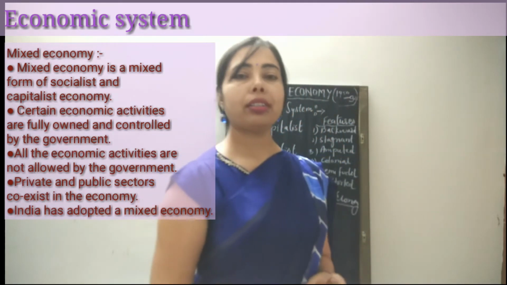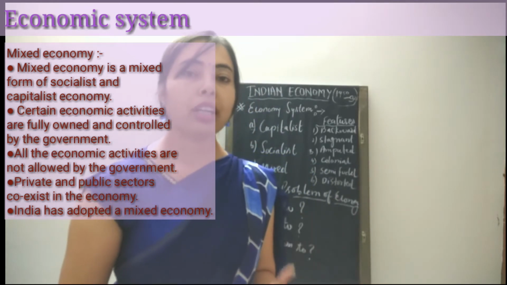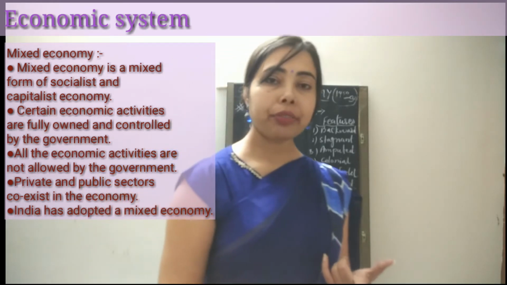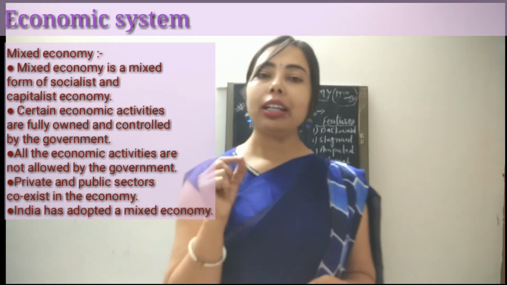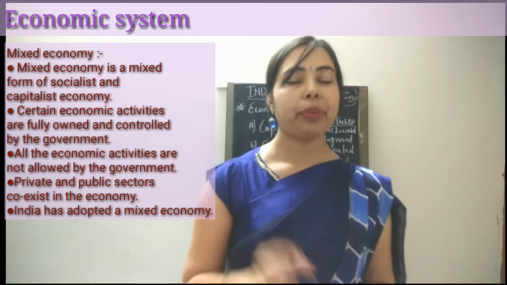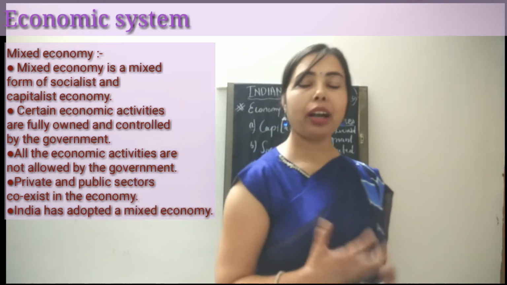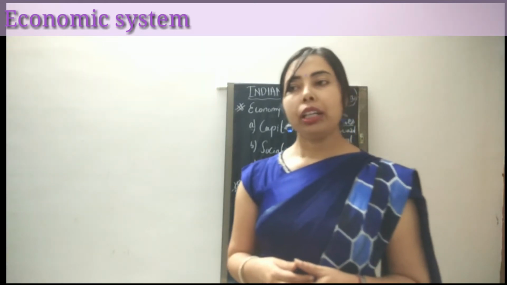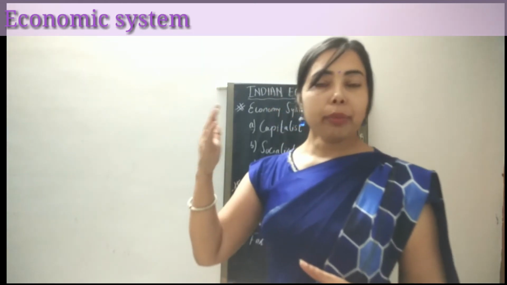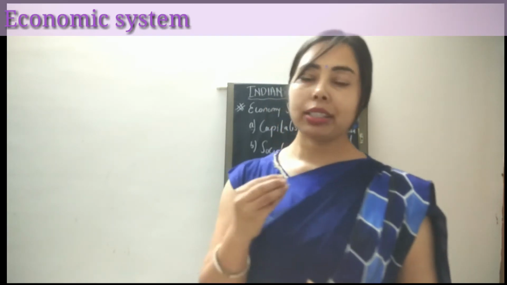Mixed economic system means one where control, management and ownership are with market forces as well as the government itself. So overall, while analyzing all these economic systems, our government, our leaders of that time, came to know that under the above two, capitalist and socialist, there are some problems, some catches.